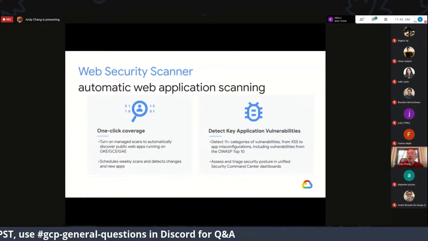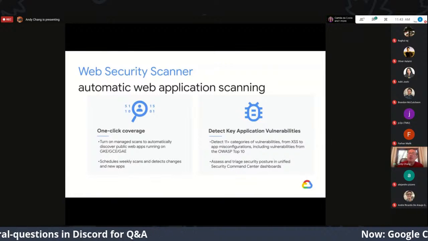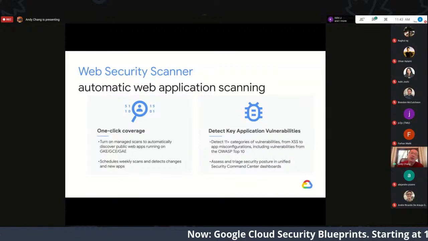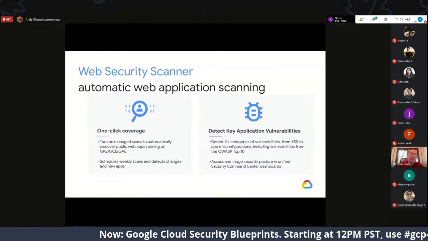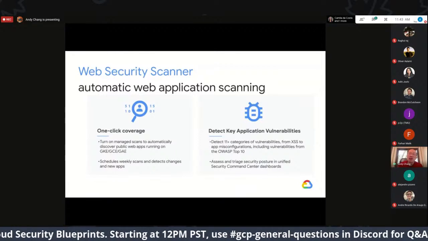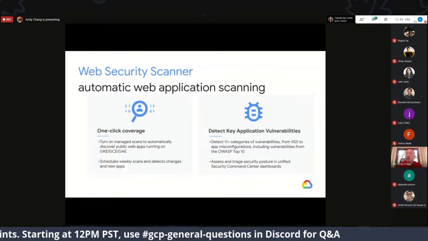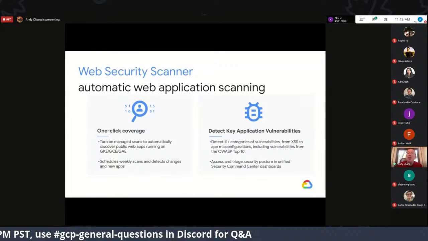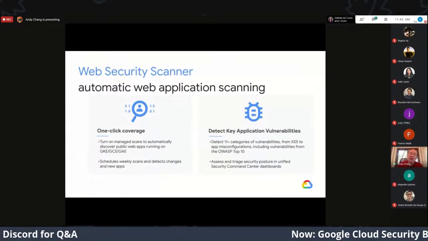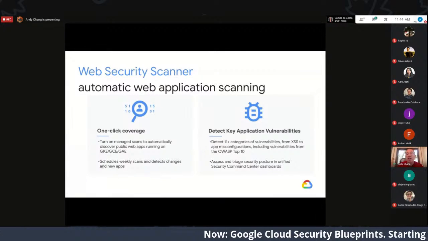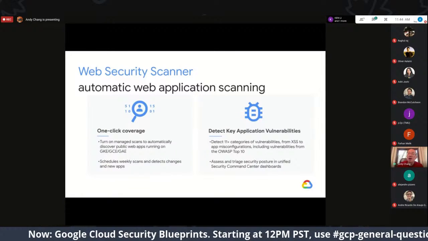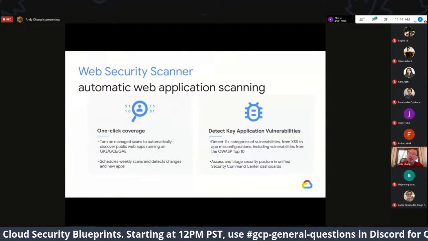And one of the cool aspects of the Security Command Center Premium product is we automatically configure those scans for you across all the public applications that you have surfaced, so that out of the box you get a default sense and a baseline of scanning against those. You can then further go in on a per application basis and further tune those particular scans. But out of the box, we have a set of scans we run across all the publicly facing web applications that you have, and we run against a number of the OWASP top 10 items.